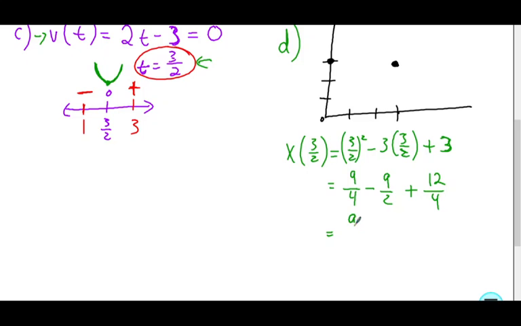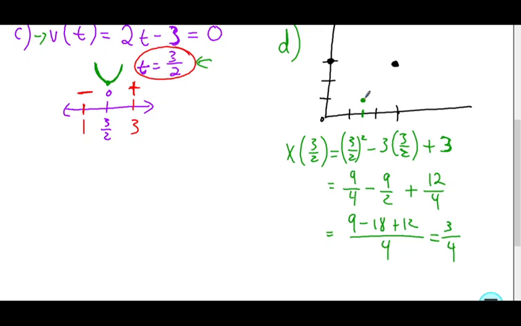So this is 9 minus 18 plus 12 over 4, which is 3/4.